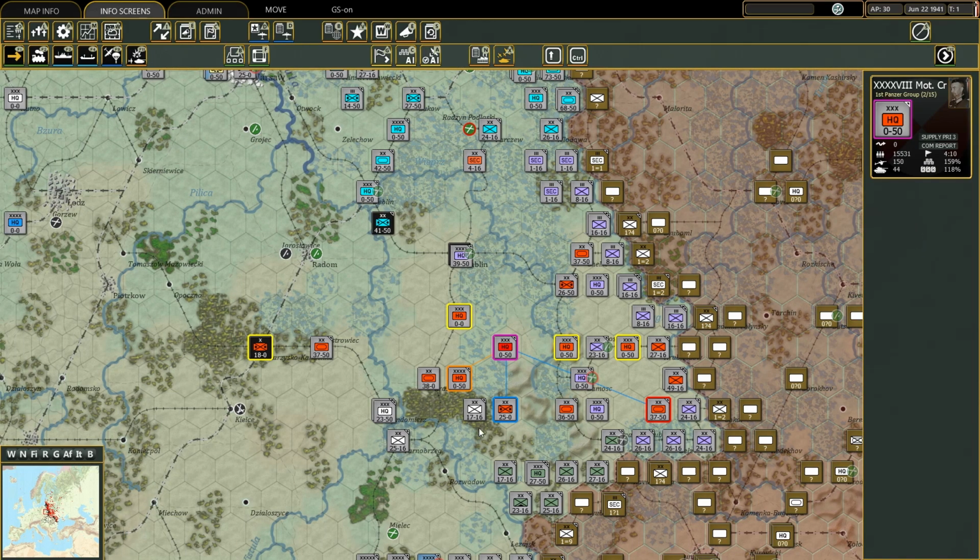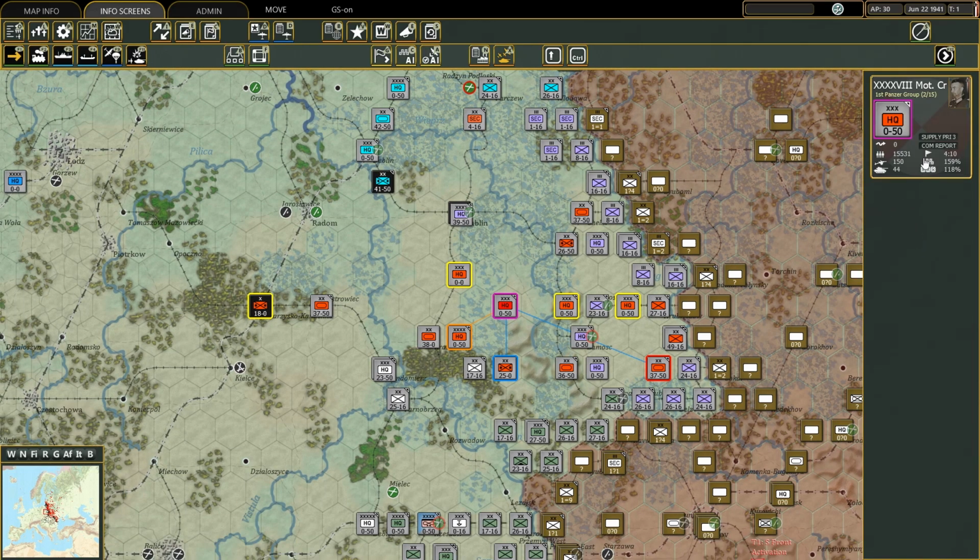And then HQs do not have ammunition, but they do have this flag. This flag indicates the command power, which in this case is expressed as 4 out of 10. Again, 4 is the command power taken by the attached units, and 10 is the total command power that this particular HQ has.